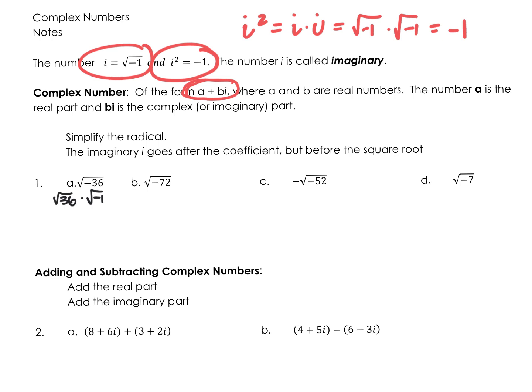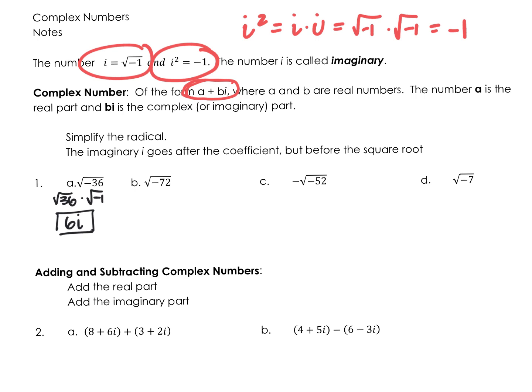And what is the square root of 36? 6. And what is the square root of -1? What did we just say that becomes? i. So this is just 6i. So the square root of -36 becomes 6i. If you break it up into the number and the negative, then you can just simplify your radical.